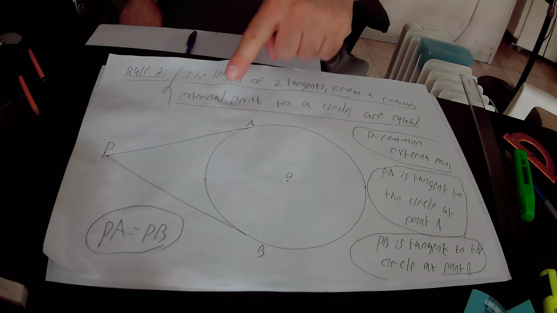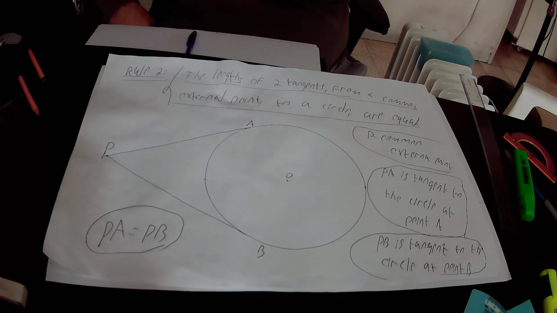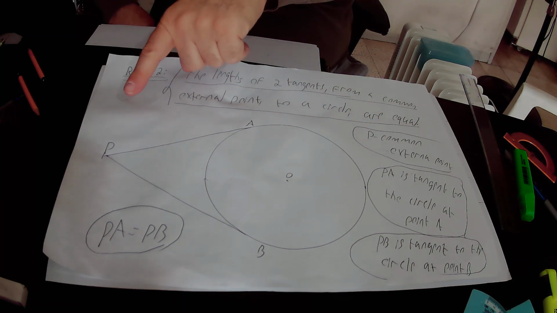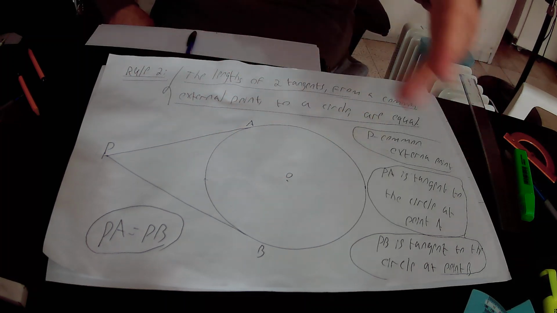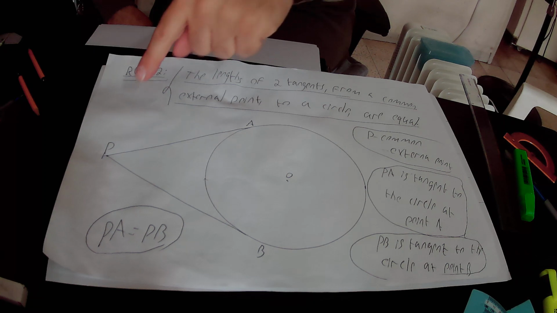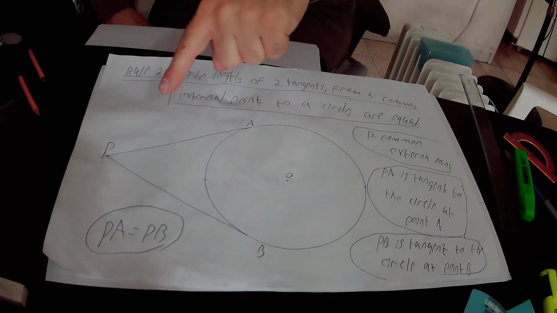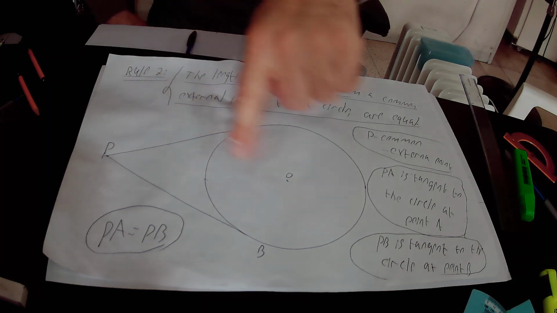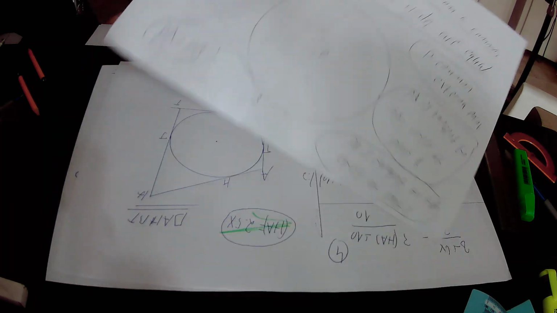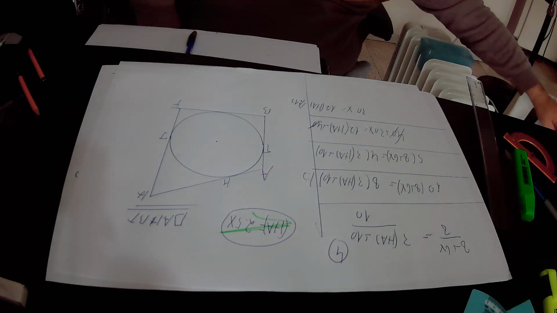We have a circle in the drawing and the common external point P. From point P, we have two tangents to the circle, tangent PA and tangent PB. According to rule 2, PA equals PB. The lengths of those two tangents from the common external point are equal to each other.